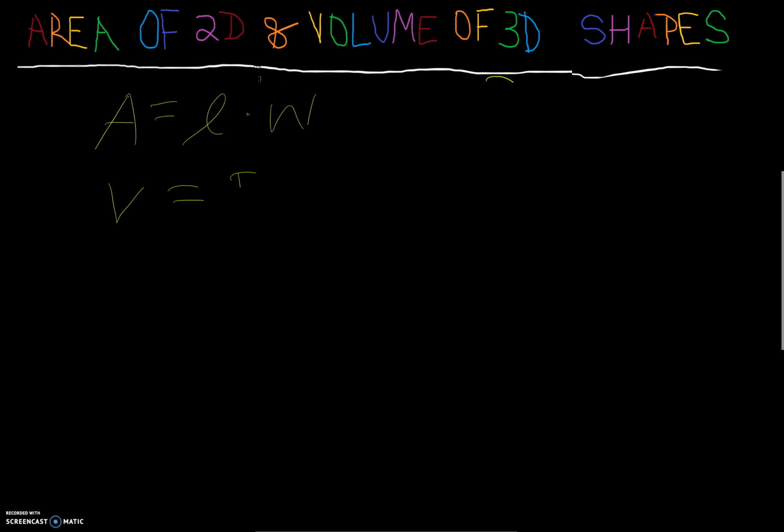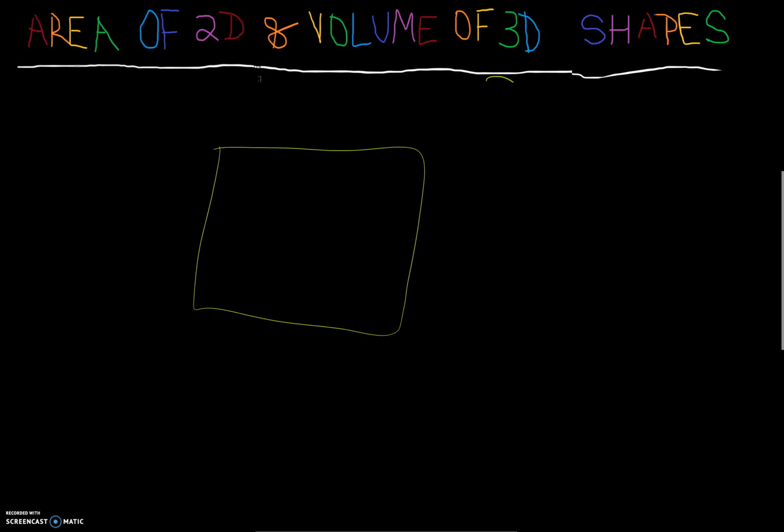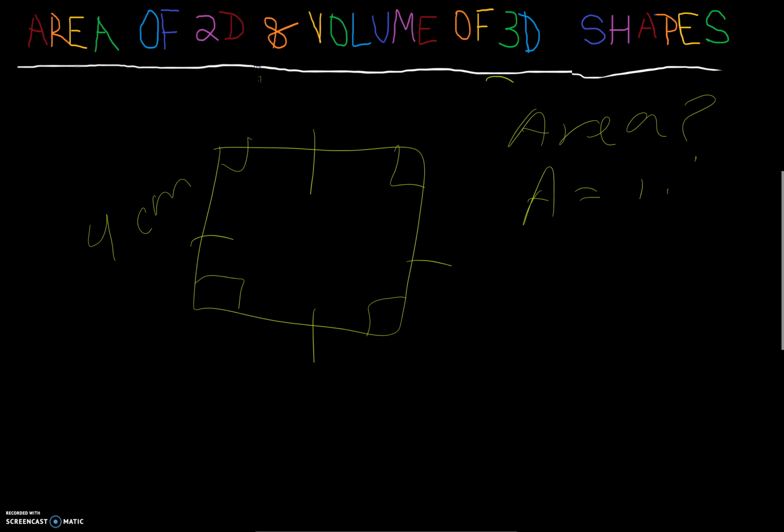So first thing we're going to go over is squares. So a square has 4 equal side lengths and 4 right angles. So I'll call this side 4 centimeters. And I want to know the area of this shape. Well, we just said area equals length times width.